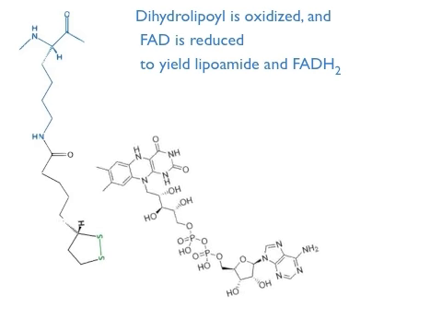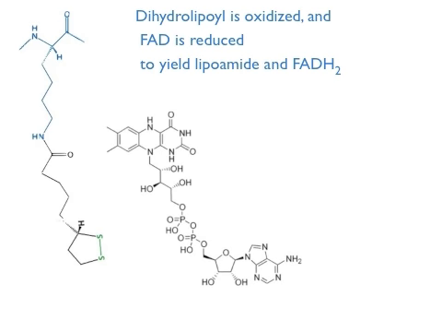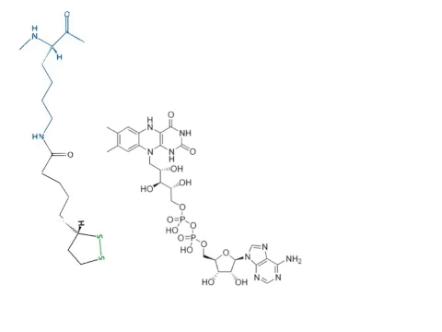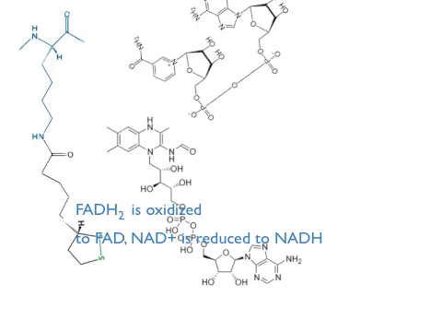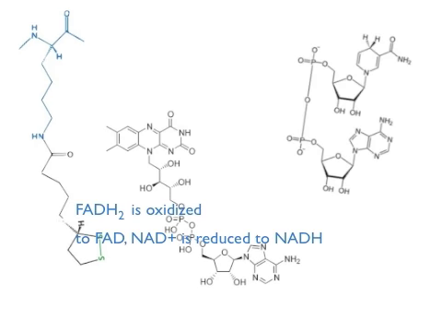In the process, we're going to make FADH2, and now our enzyme's broken again. We have to fix this by oxidizing FADH2 to FAD to form a fully functional enzyme. The cofactor that's going to oxidize FADH2 to make FAD is NAD+, and in the process, we're going to make NADH plus H+.